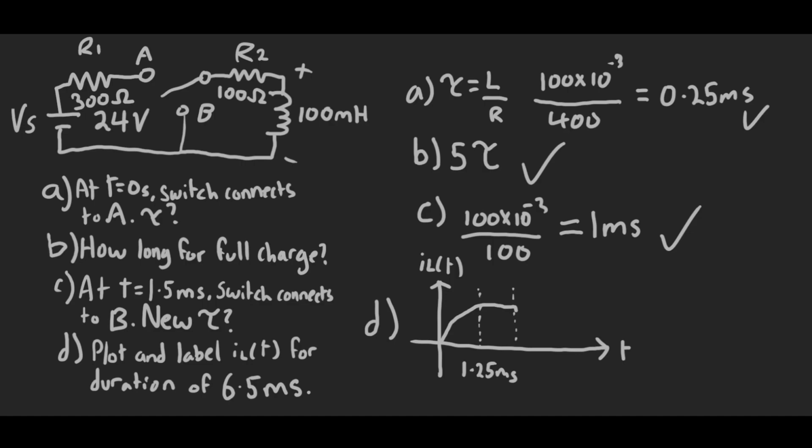And here we have 1.5 milliseconds. So this is when it is fully charged, and 1.5 milliseconds is when it starts to discharge, because it connects to point B. And then we have this longer discharge because of the new time constant. And here we have 6.5 milliseconds. And that's the solution for each part of the questions.